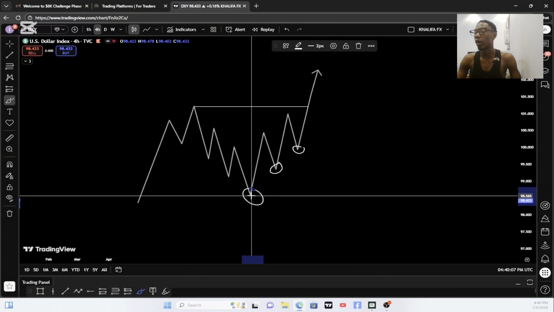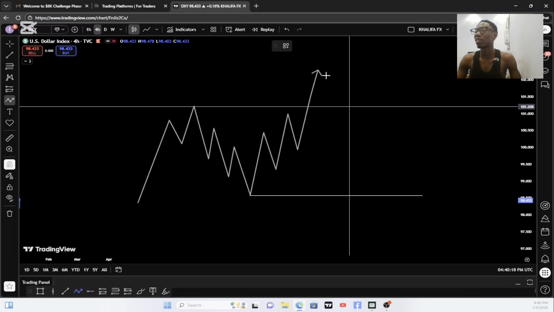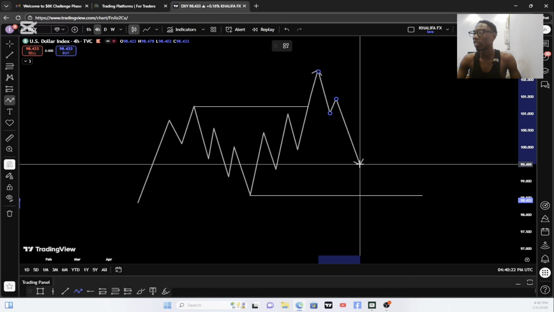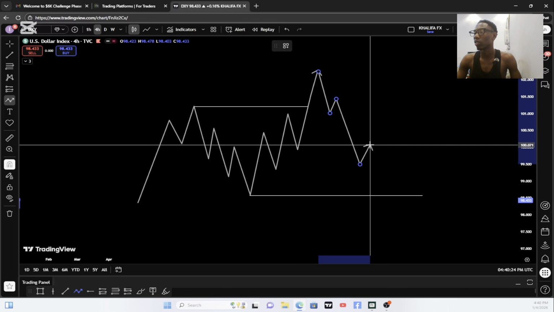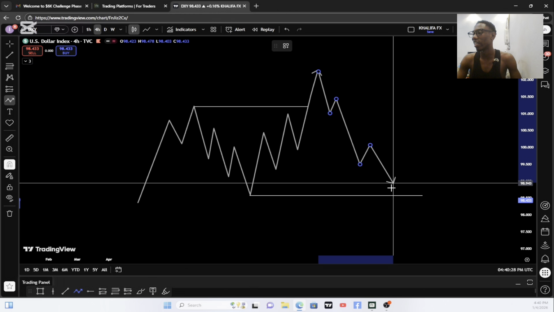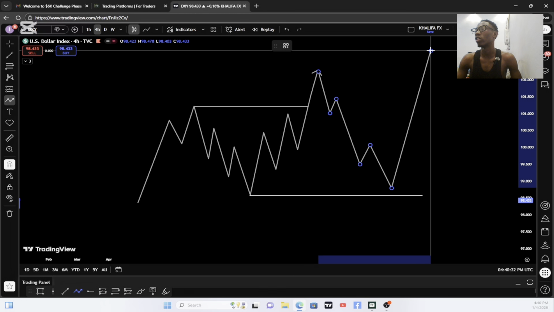So this one is my strong low. If I'm going to map this structure, I'll map this one as my strong low. So price can pull back as much as it wants, but as long as it does not break this low, this is still a bullish market, and the expectation is that price will still head on to the upside, right?